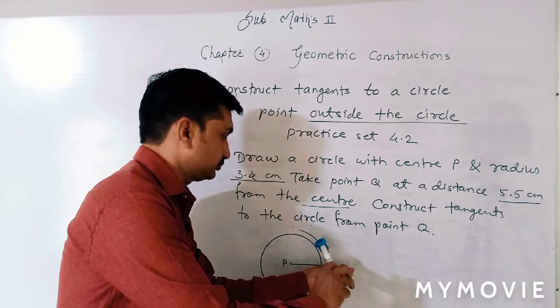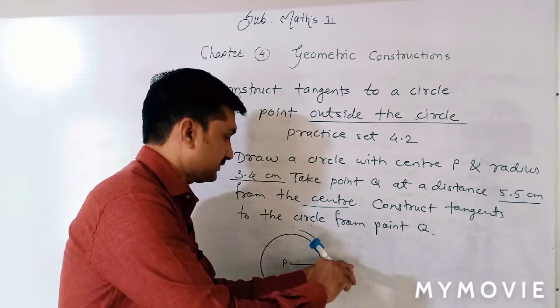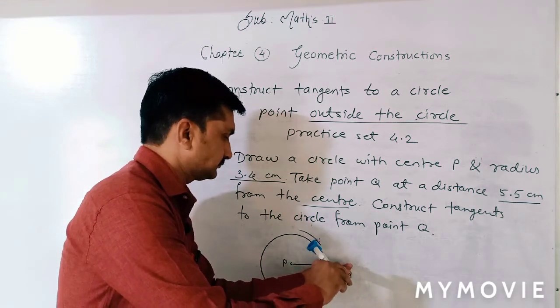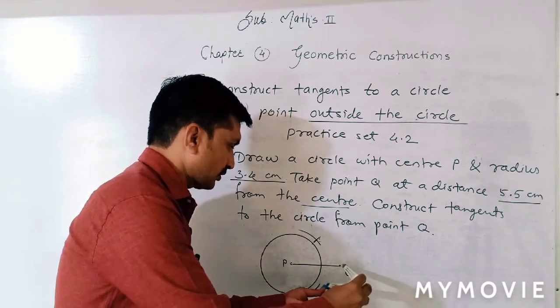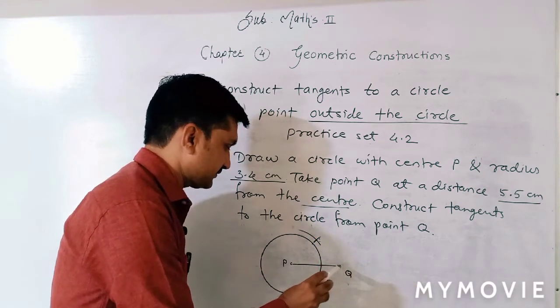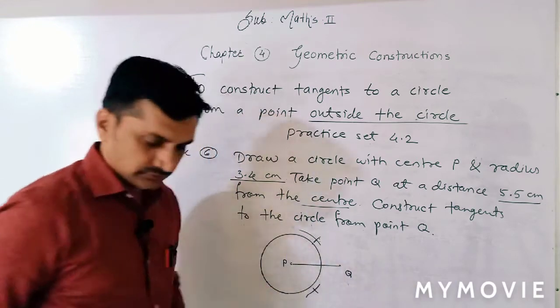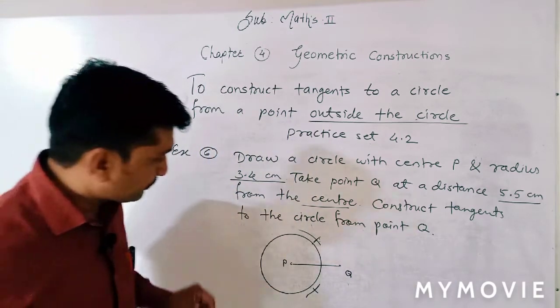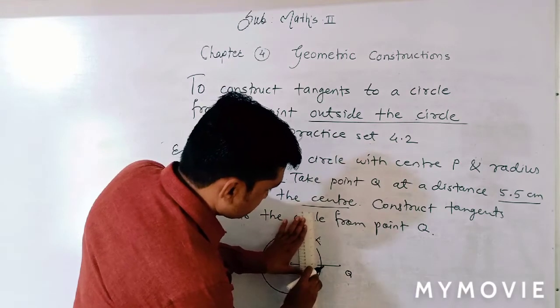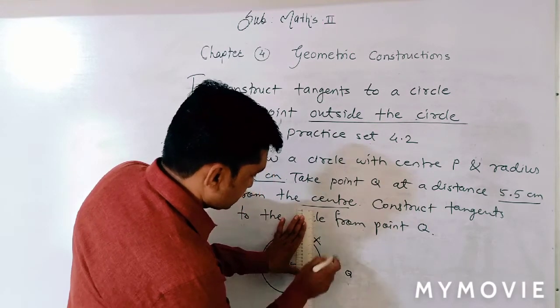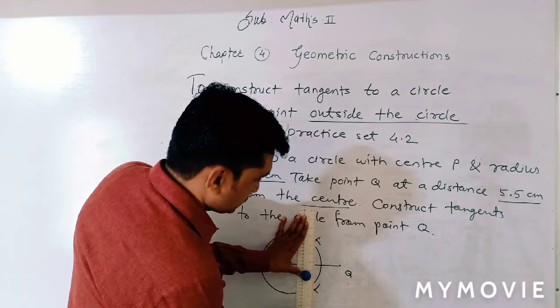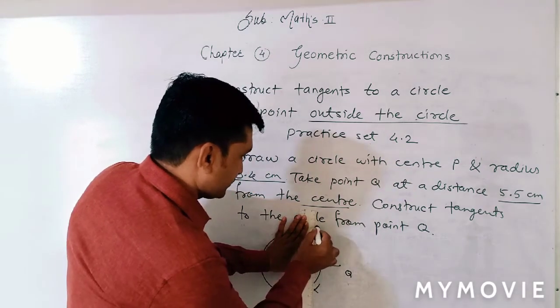Then from Q intersect it. Now draw the perpendicular bisector. This is the perpendicular bisector. Draw a line from these two intersecting points.